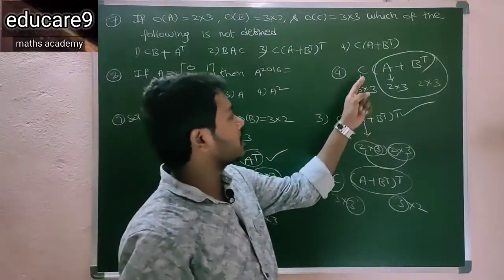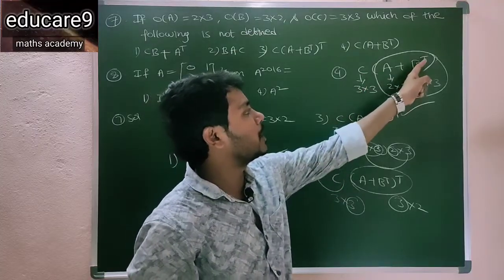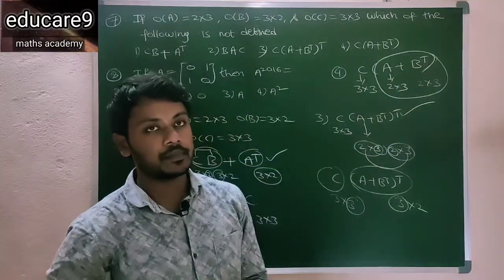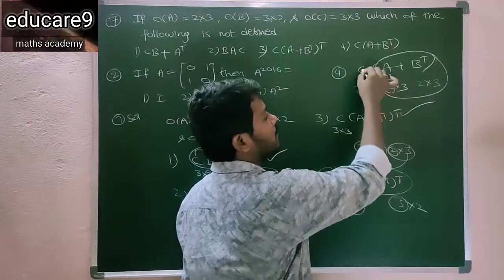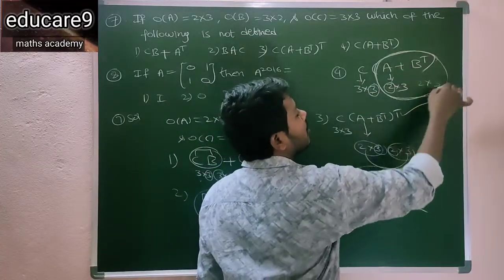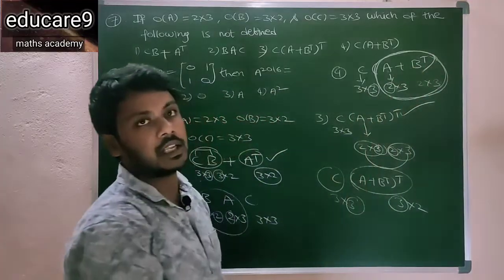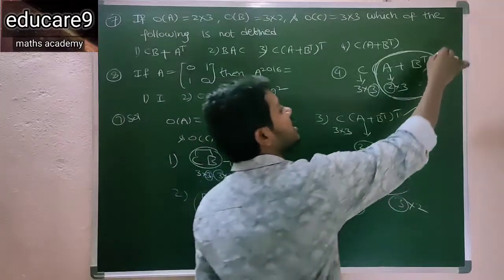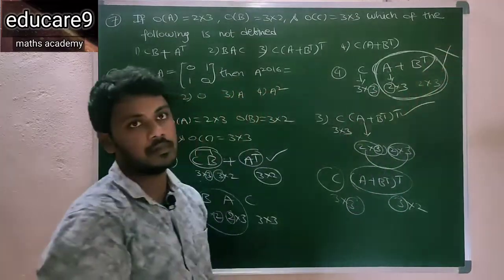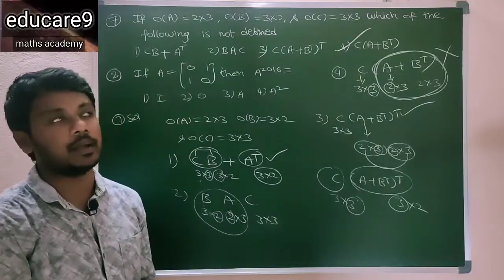And the product is what? See here, the order of C is 3 by 3 and the order of A plus B transpose is 2 by 3. But here the number of columns in the first matrix is 3, so the number of rows in A plus B transpose is 2. So these are not equal. Therefore this is not possible. So clearly the fourth one is not defined.